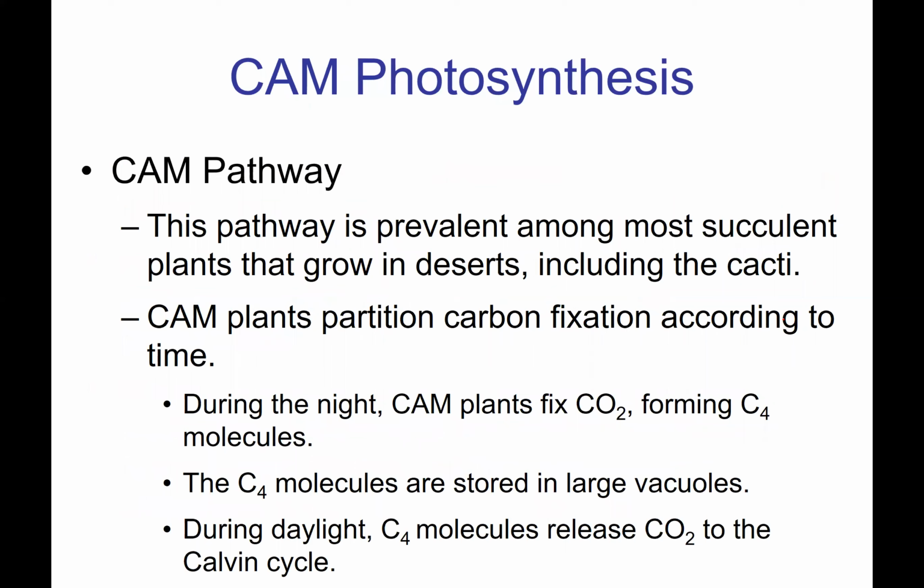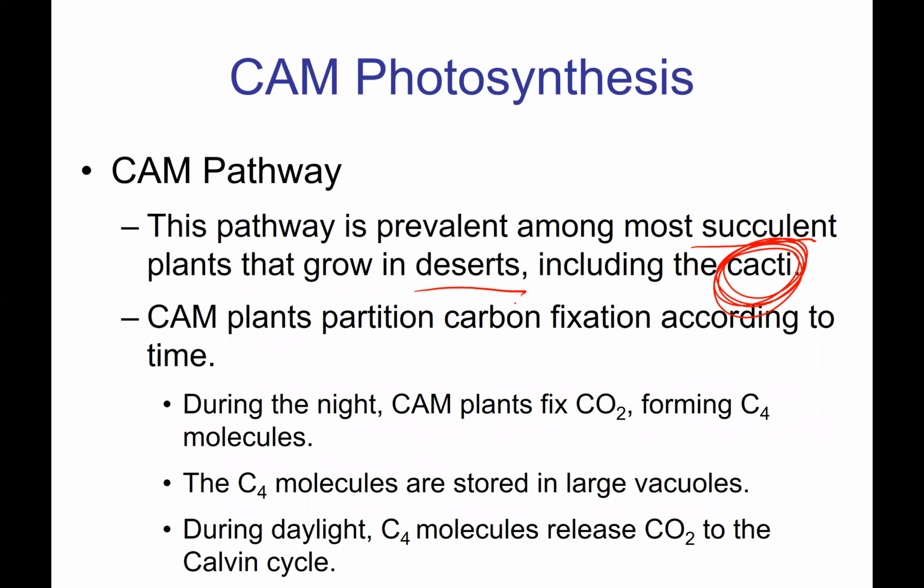And the final alternative pathway for photosynthesis is called the CAM pathway. This is found mainly in succulents, such as cacti, and things like pineapple. These are going to be in really, really hot, really, really dry places like the desert.